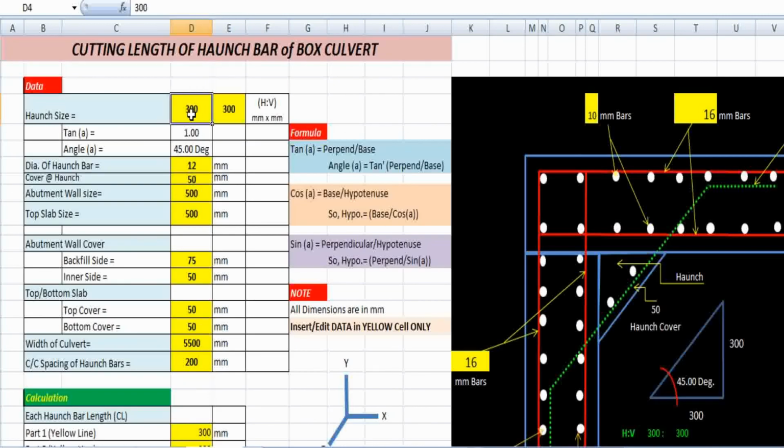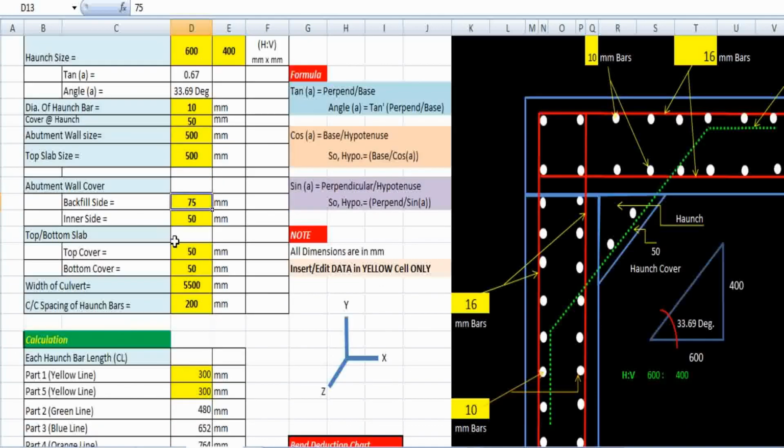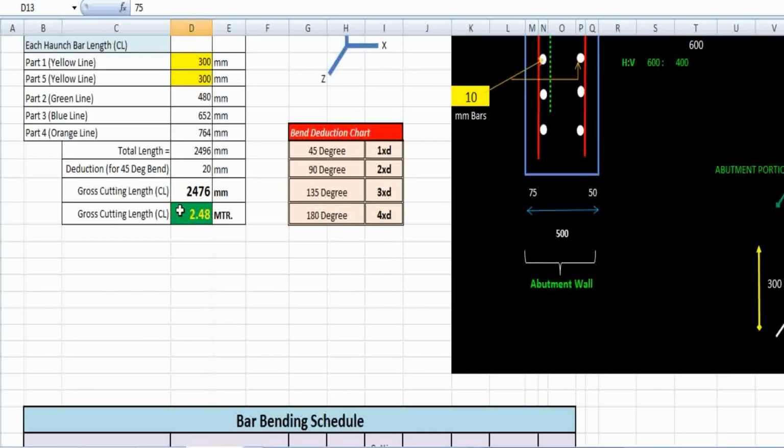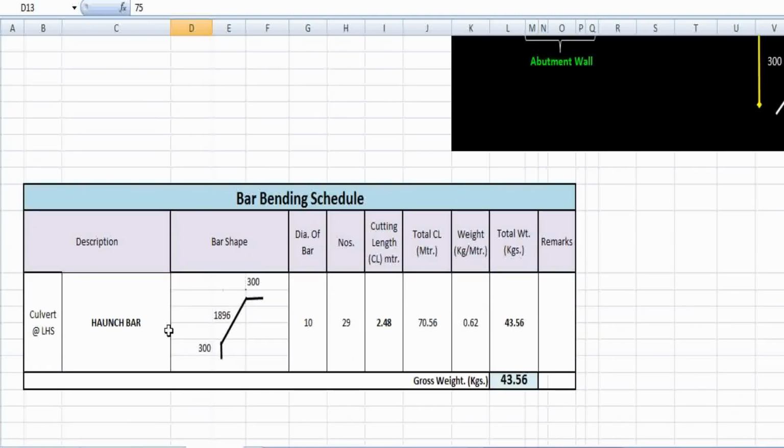Okay, another size of the haunch bar, like if you have a haunch size equal to 600 by 400, and the diameter of the haunch bar equals 10 and cover is 50, abutment size all are same, it will give the result of gross cutting length equals 2.48 meter, and it will give the haunch bar weight equals 43.56 kg.